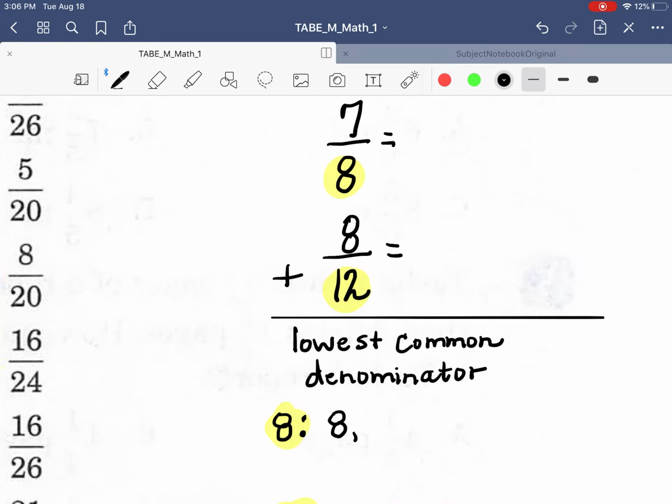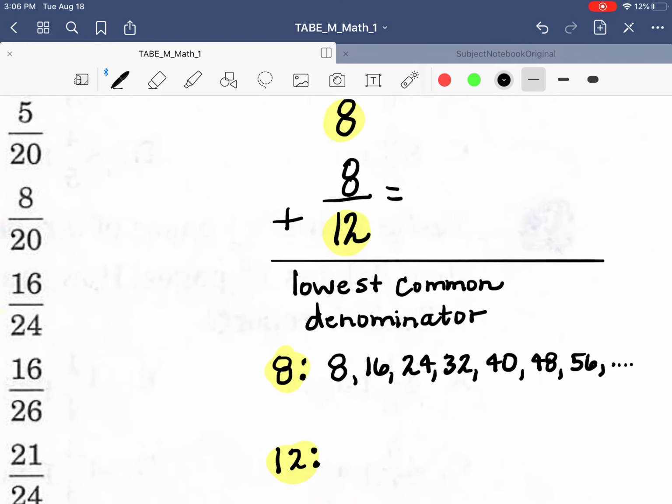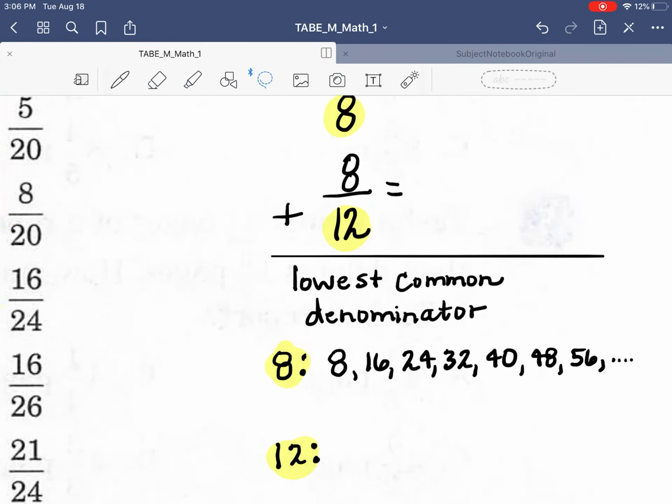So for this one, my fingers are worth 8. 8, 16, 24, 32, 40, 48. How far do I want to go? Let's go just a little bit further. 56. Again, I'm sorry, guys, if you hear my phone. And I'm going to leave that alone right there.